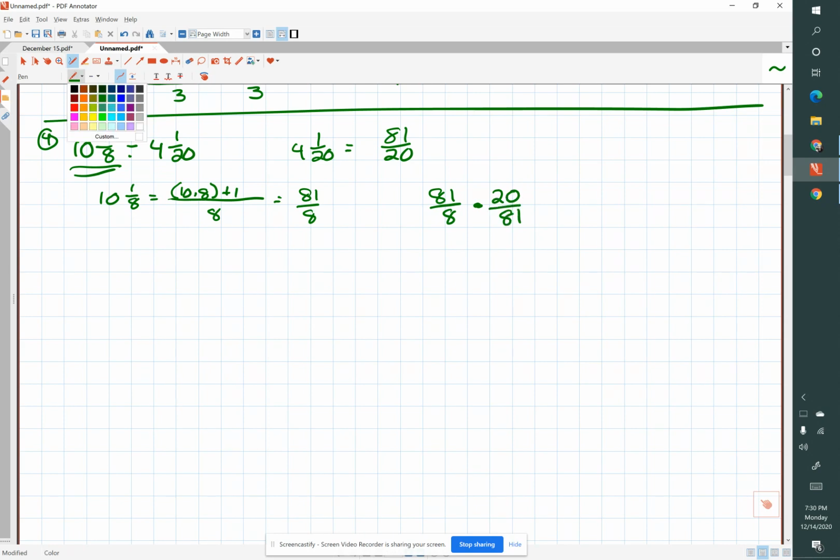Now it is easy to see the simplification here. 81 and 81 divided into 81 is 1. 8 and 20 can be divided by 4, so that would be 2, that would be 5. So the answer would be 5 over 2, or 2 and 1/2.